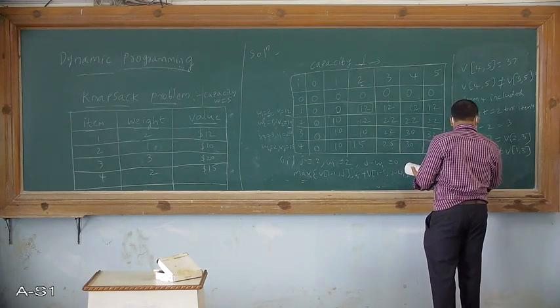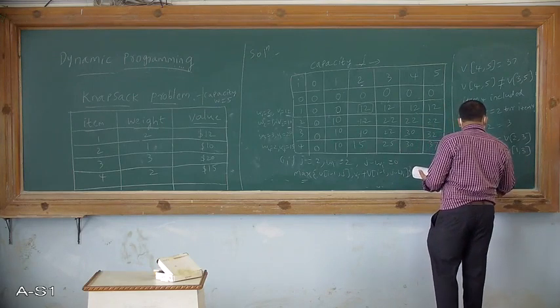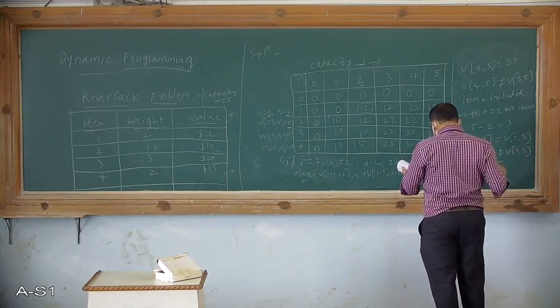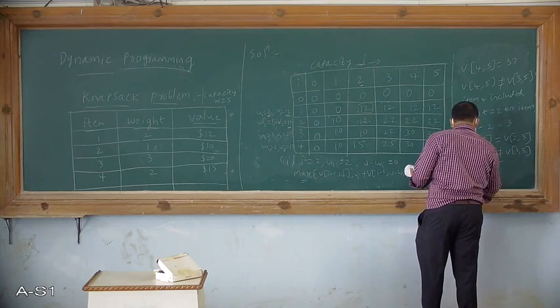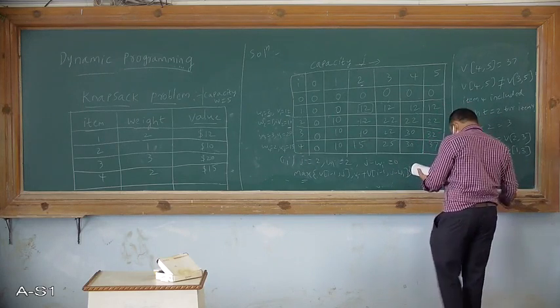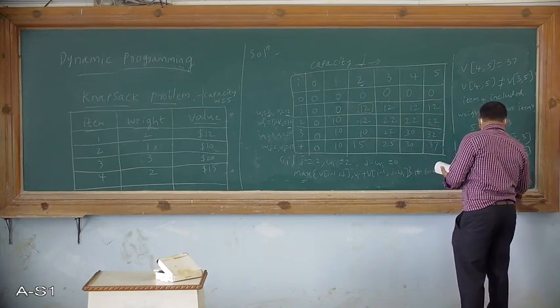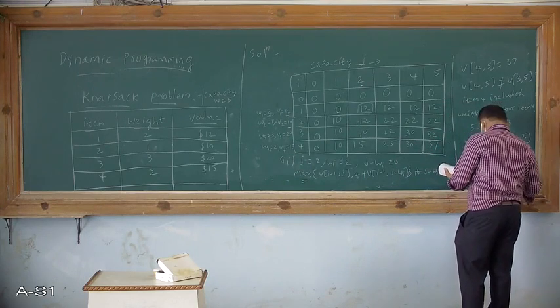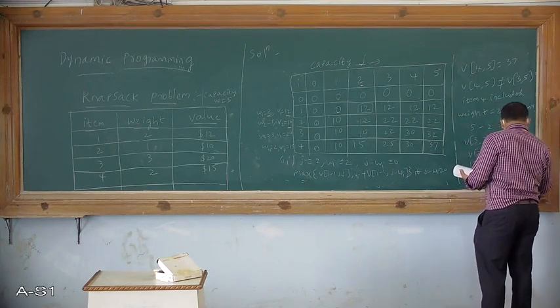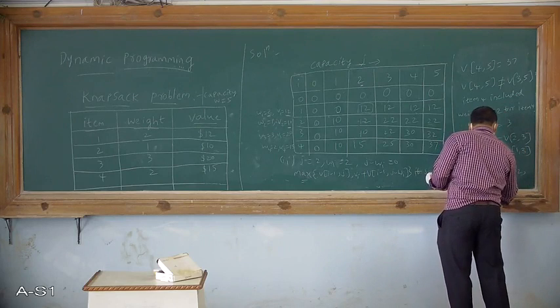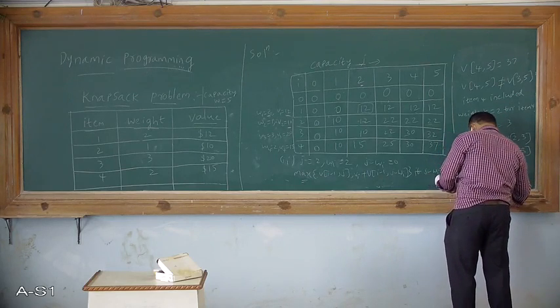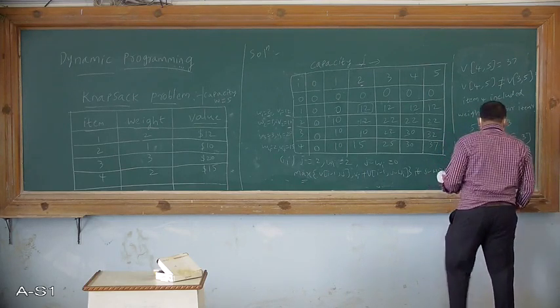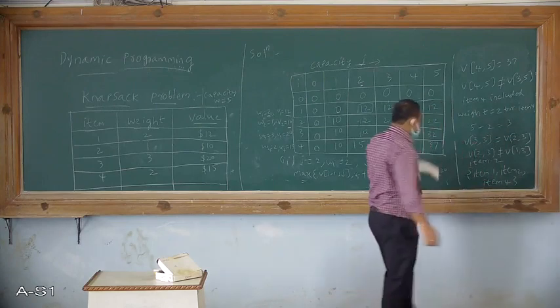Similarly, if we go on checking, the solution is item 1, item 2, comma, item 4. These are part of the solution. That's it. This is the solution.